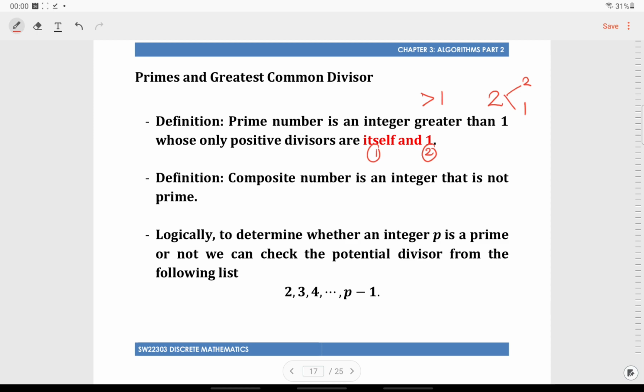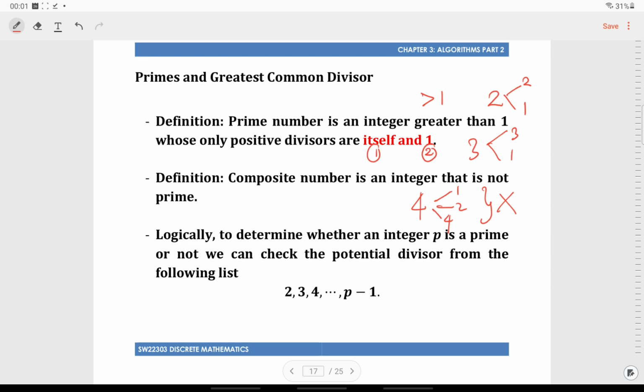So how about 4? 4 can be divided by 1, by 2, and by itself. So it doesn't satisfy the condition to be a prime number because it has 3 positive divisors. To be a prime number, there are only 2 positive divisors, which are itself and 1.